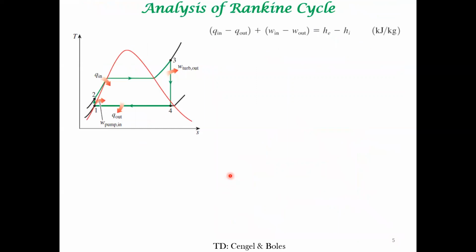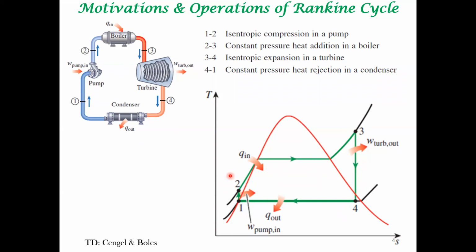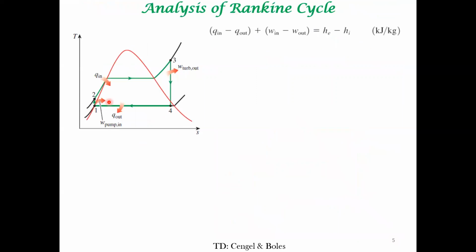How do you analyze a Rankine cycle? If you look at the Rankine cycle, it's a steady flow system, right? We have already analyzed a steady flow system in the past. So we apply the first law balances. This is the general expression for the first law balance.